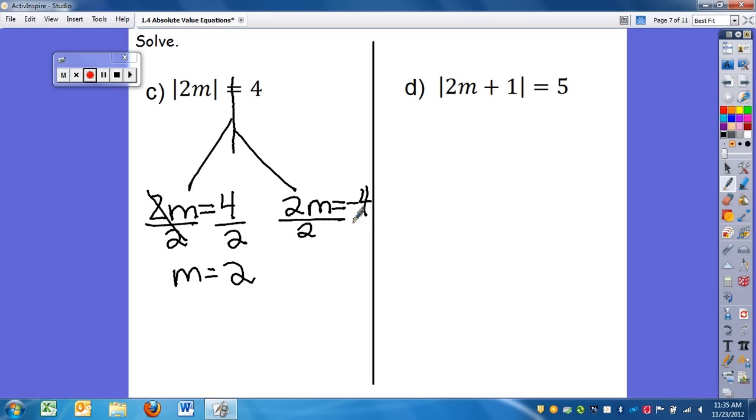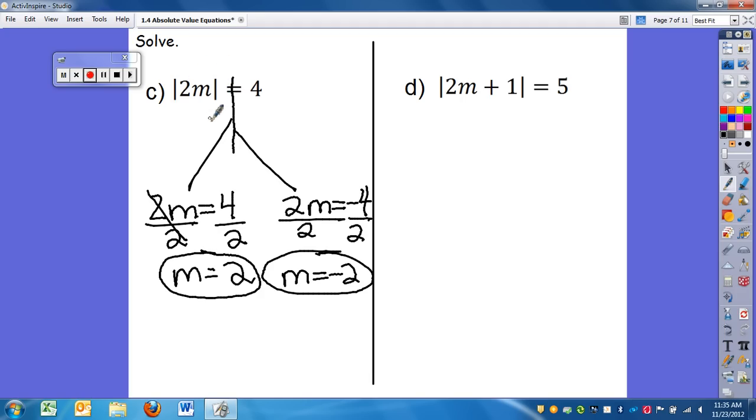Divide by 2 here. I have m equals negative 2. Once again, we have two solutions. That should be a hint when you're looking at absolute value equations. You'll be like, oh, I have the absolute value sign, and that should be the light bulb going off in your head. Yep, I need two solutions because distance, I can have the positive distance and then the negative distance.